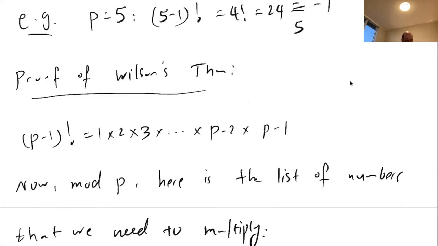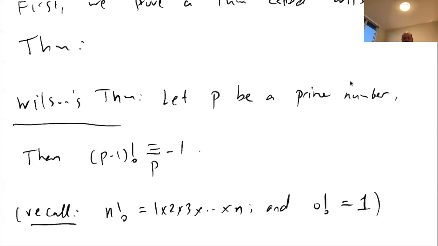Remember, we are trying to prove a congruence mod P, so every calculation that we are doing is mod P. In other words, our universe, like I said before, in the first video, is Z_P here.